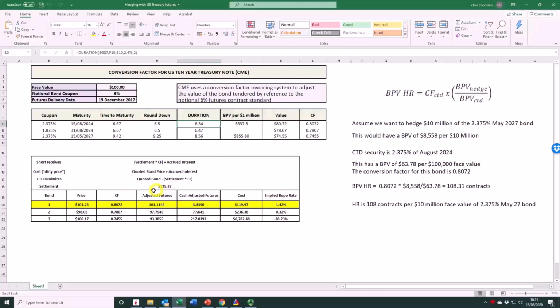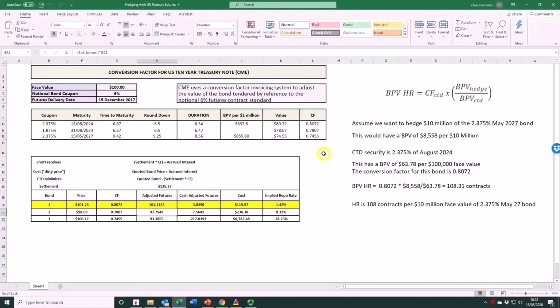So the first point to notice is that as of the settlement date here, the actual settlement price was this amount here. So the actual prices of the bonds can also be found from the CME document. The conversion factors are essentially the same values there, and I've already discussed how those can be calculated.